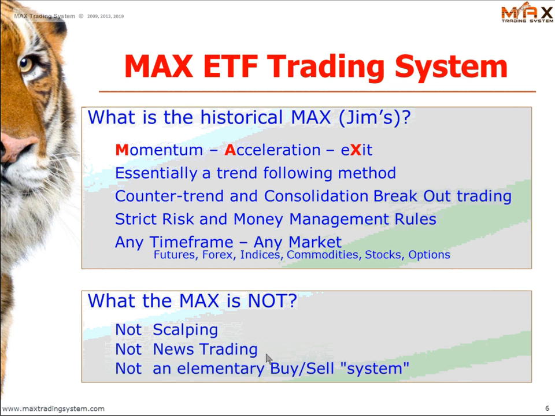So we don't trade the news, but the movement after the news, under specific circumstances, can be traded with the max, of course. When we understand the nature of the news release, and when these news releases influence the market in a very important way, then the corresponding movement can be traded, of course. And as I have said earlier, the max is not an elementary buy and sell system with just a simplistic buy and sell rule. But I will illustrate with some examples.